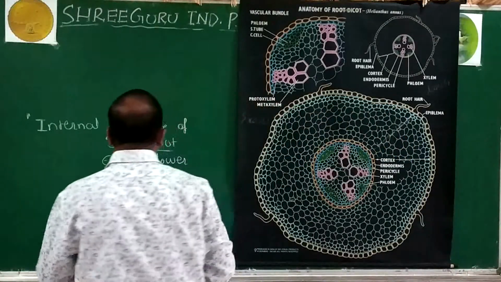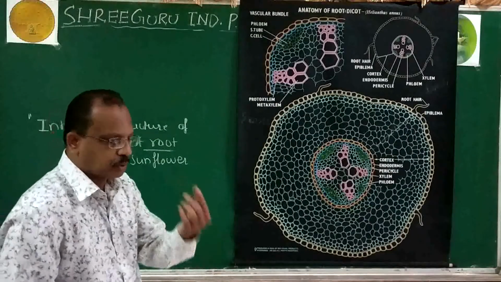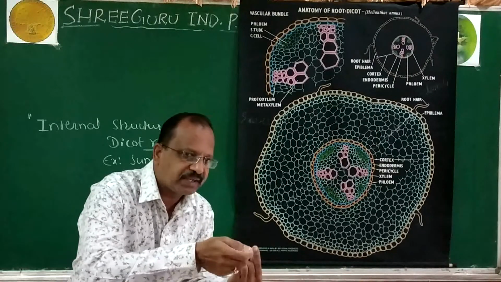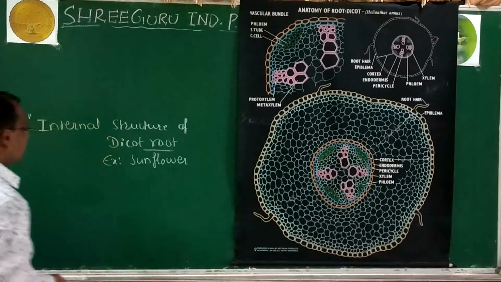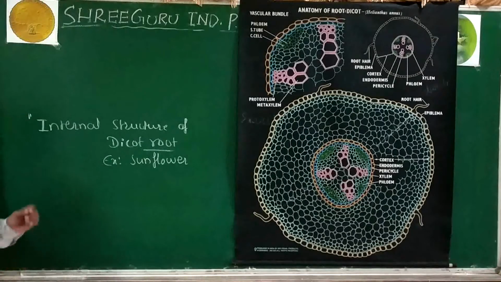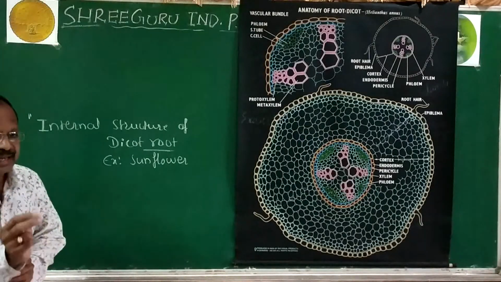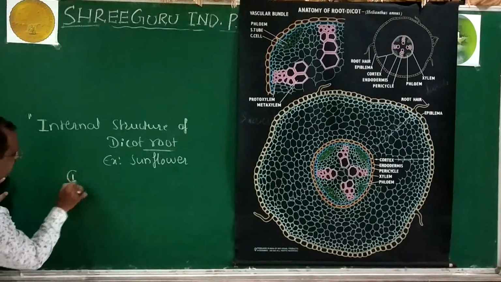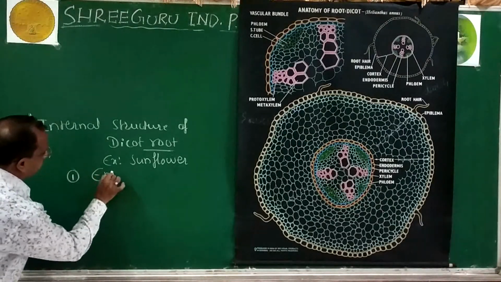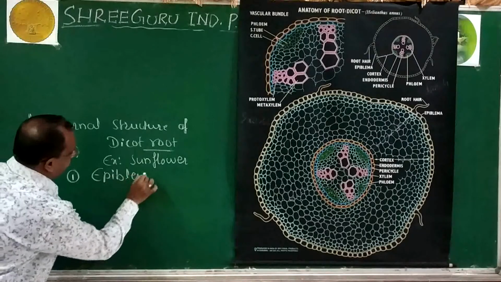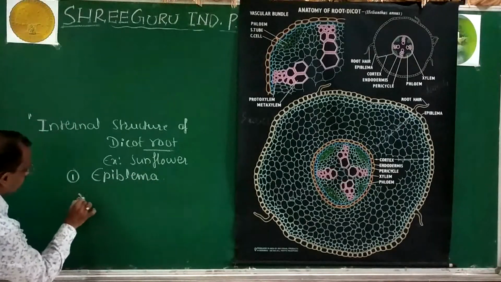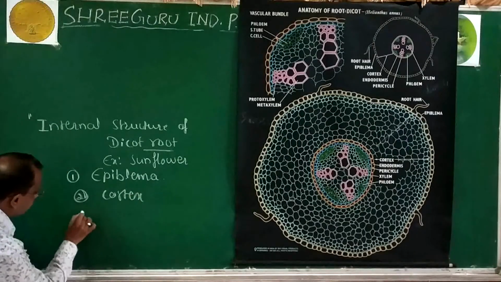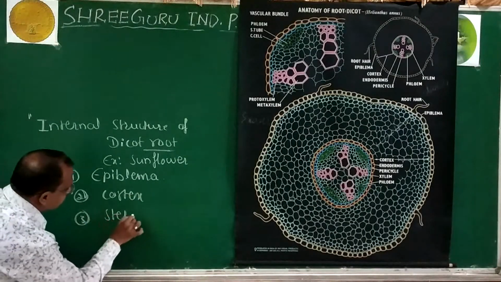When you take the transverse section of a dicot root, you will get three regions, namely number 1, Epiblema, number 2, Cortex, number 3, Stele.